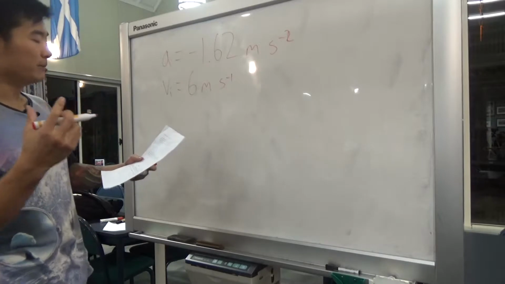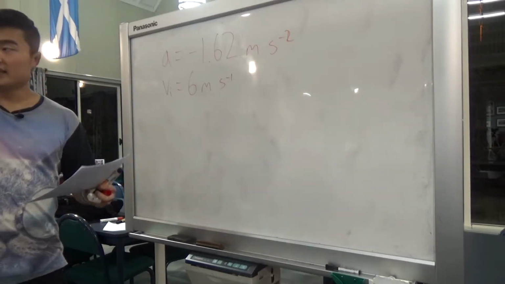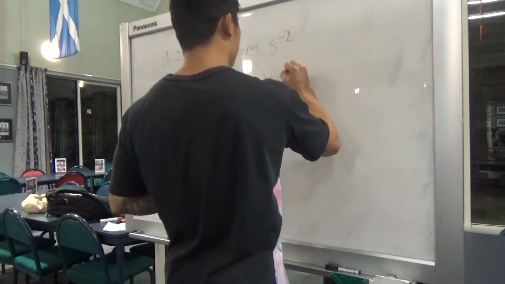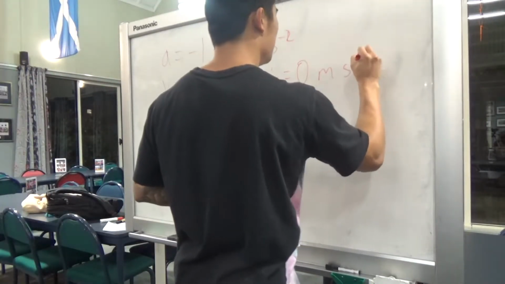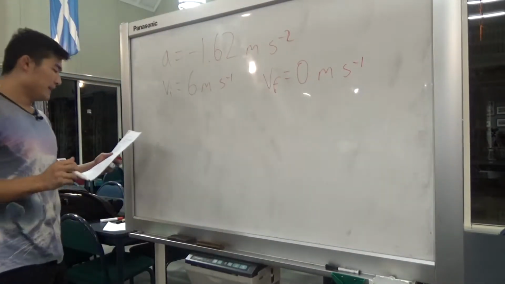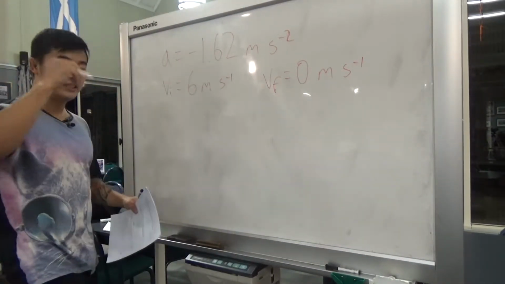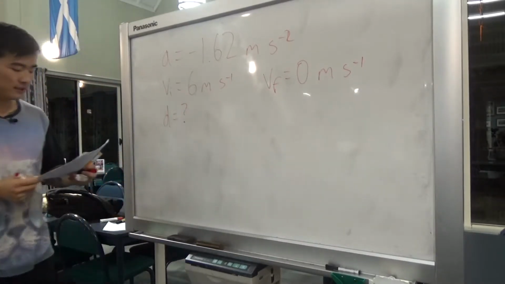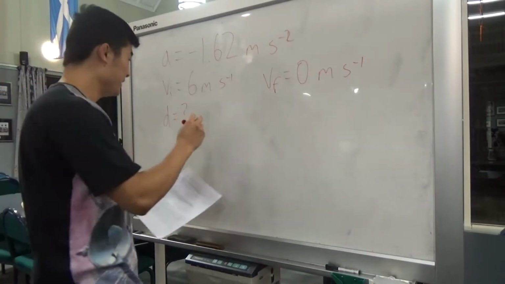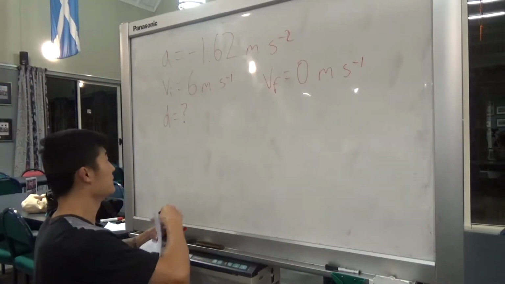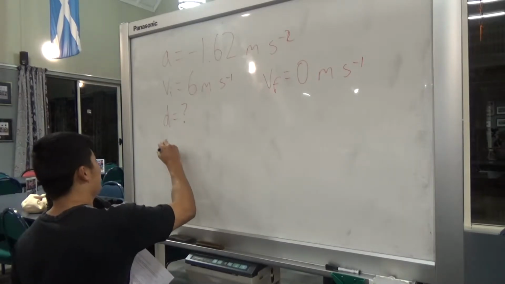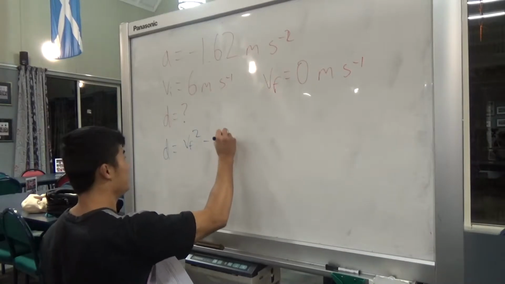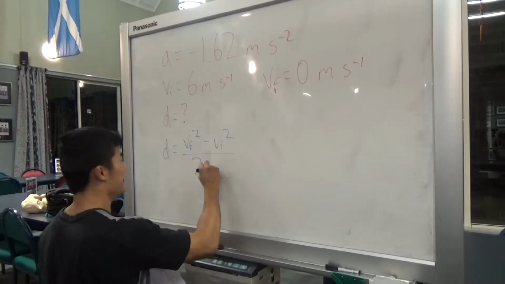And we want to find the maximum height. So when it's at the maximum height, the final velocity will be 0. So Vf is equal to 0 meters per second. And we want to find the vertical distance, which is the height, so d is equal to question mark. Then your equation will be d is equal to Vf squared minus Vi squared over 2 times a.